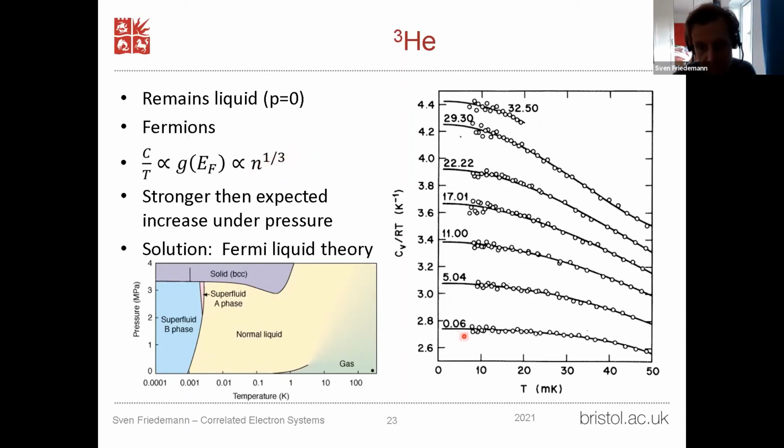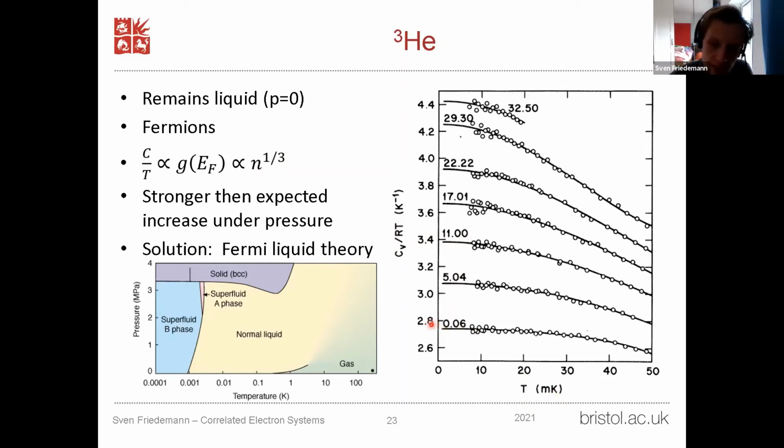Hence, we can see the specific heat here, which is again a plot of specific heat divided by temperature versus temperature. Here it's not versus temperature squared, because we don't need to worry about a phonon contribution, because there is no lattice of atoms in parallel to the helium-3 atoms. It's just the helium-3 atoms.